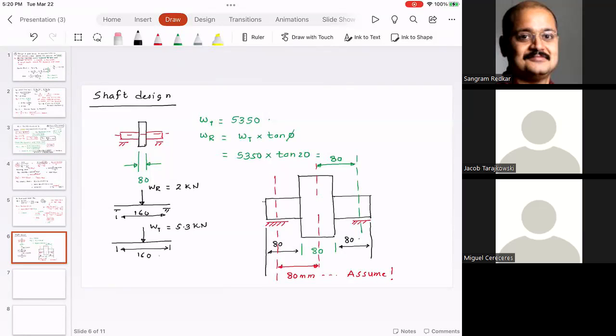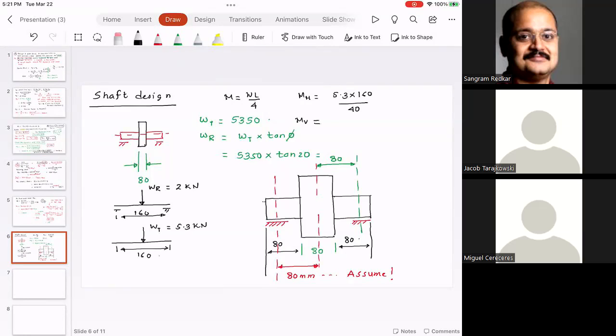Now there are two ways. What I would do is I would find out the moment horizontal and the moment vertical. So moment horizontal is 5.3 multiplied by 160 divided by 4, which is M equal to WL by 4 for central span load.